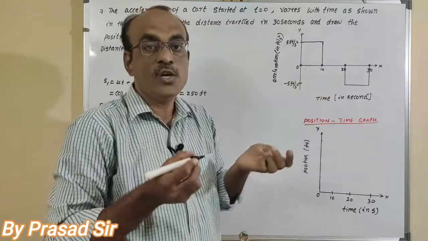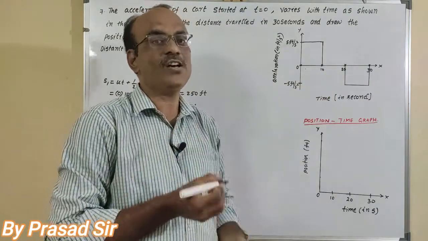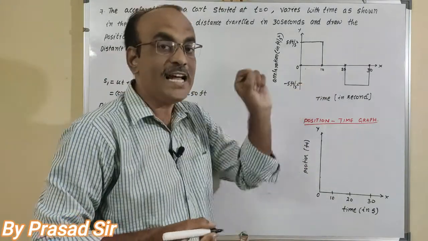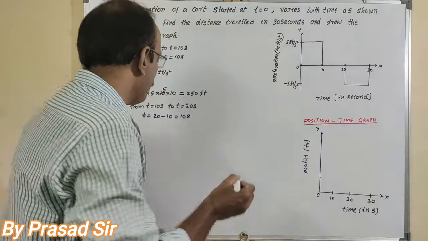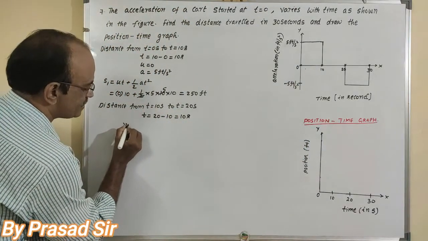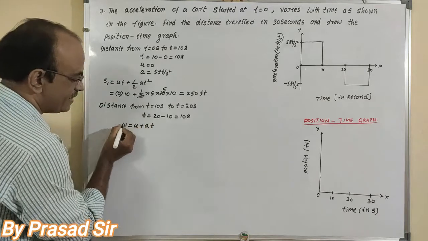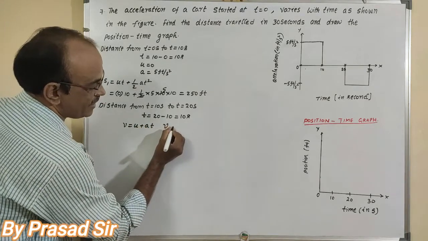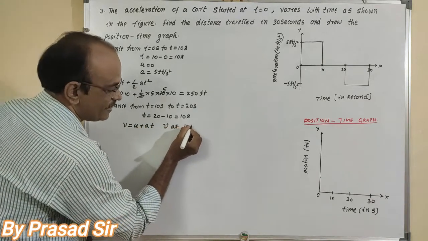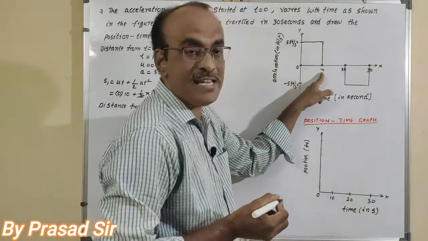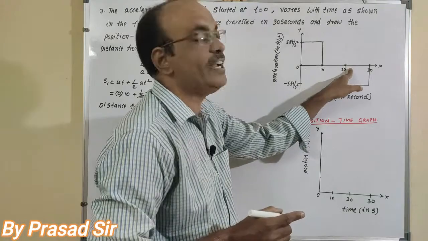In this one, we want to calculate the velocity at which the particle is traveling from here to here. V is equal to u plus at. Remember, I will take the velocity at 10 seconds, because the velocity at 10 seconds is equal to the velocity at 20 seconds.